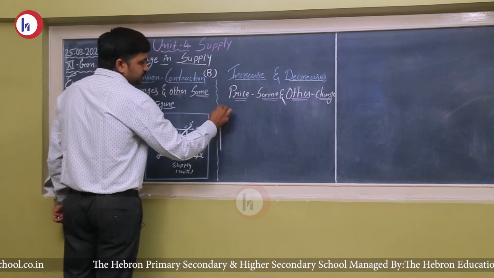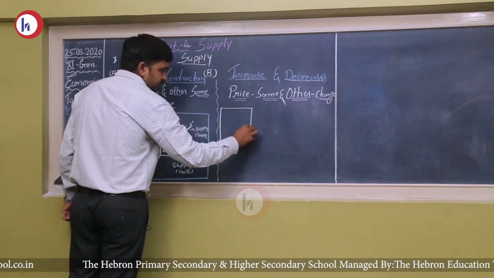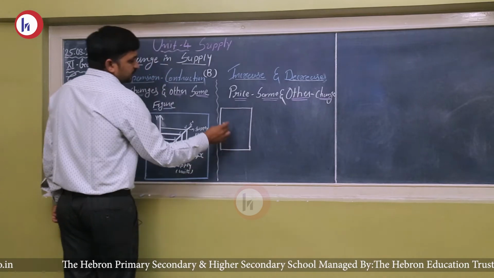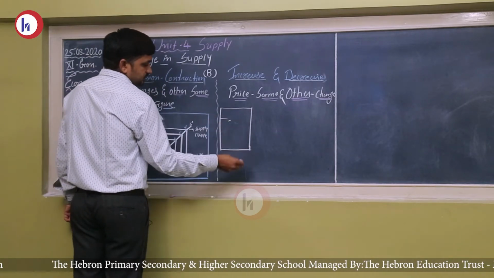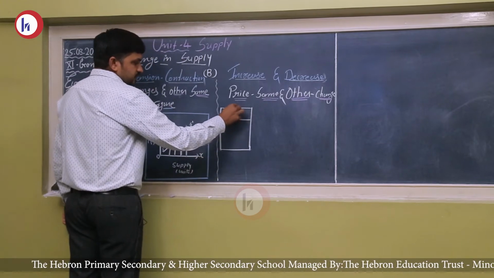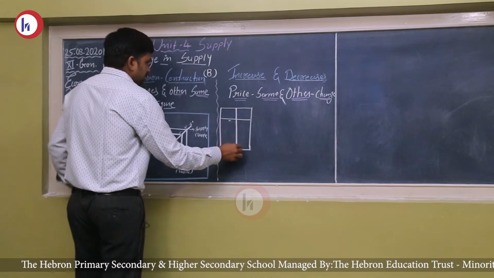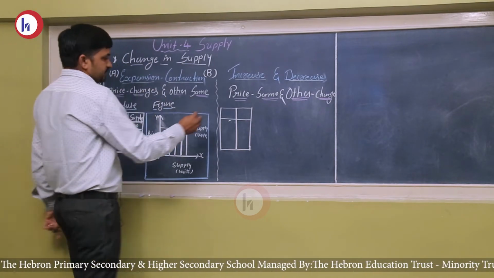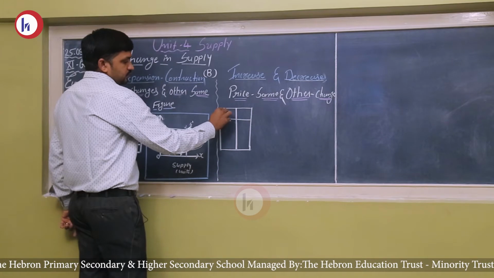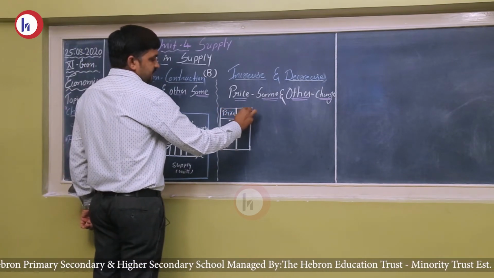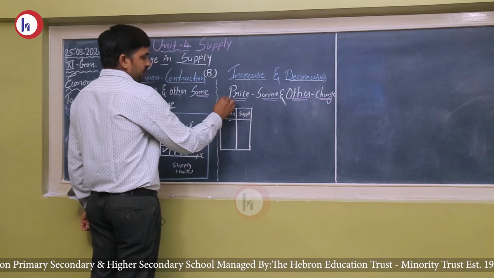So we can't write those factors which are constant, but we can write the price that is constant, because factors constant are taken in A. Here price is constant, so with the help of a schedule, let it be price, let it be supply.